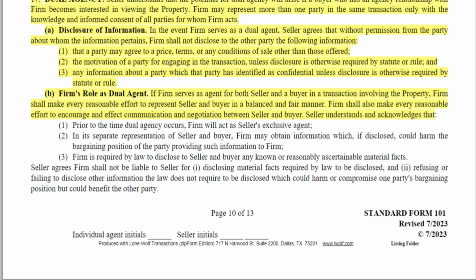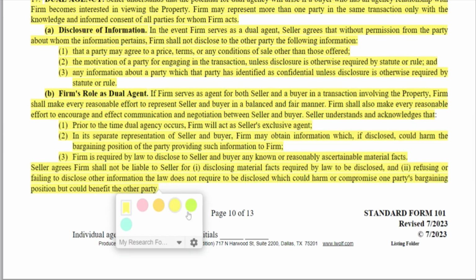Seller understands and acknowledges, number one, that prior to the time dual agency occurs, the firm will act as the seller's exclusive agent. Number two, in its separate representation of seller and buyer, the firm may obtain information which, if disclosed, could harm the bargaining position of the party providing such information to the firm. Number three, the firm is required by law to disclose to the seller and buyer any known or reasonably ascertainable material facts.